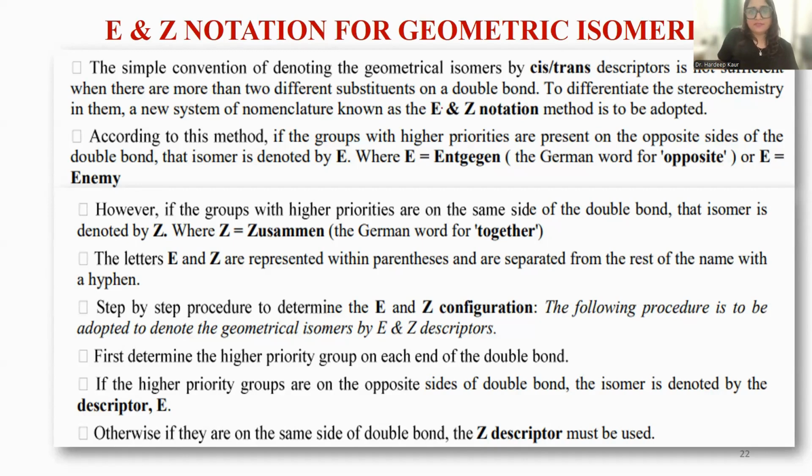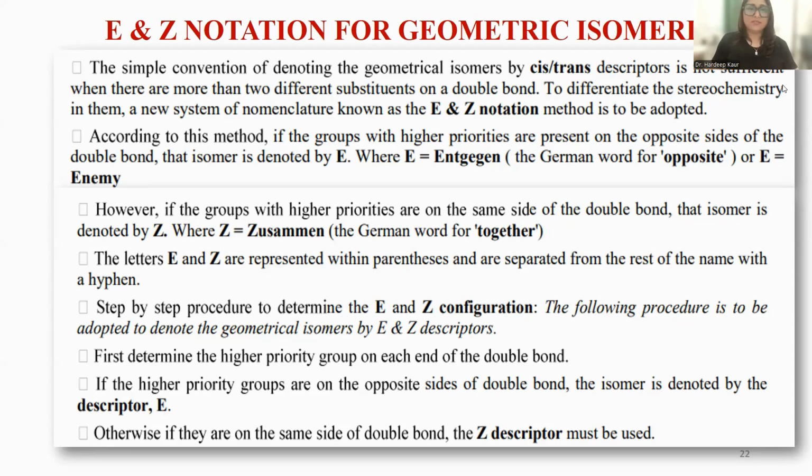It is very simple to denote cis and trans: when the same groups on a double bond are on the same side, they are cis, and on opposite sides, they are trans. To differentiate them, a new system of nomenclature comes in, that is E and Z notation.